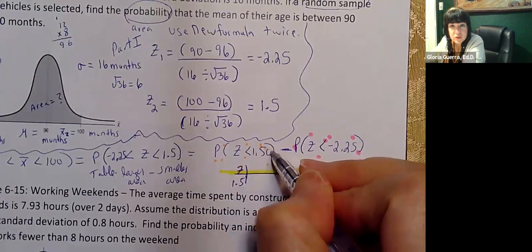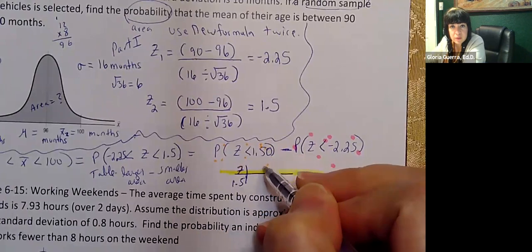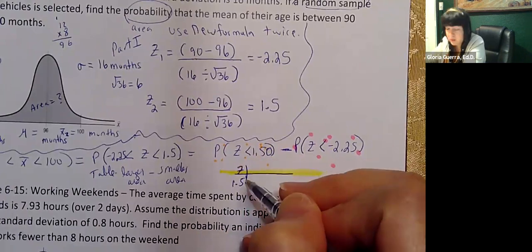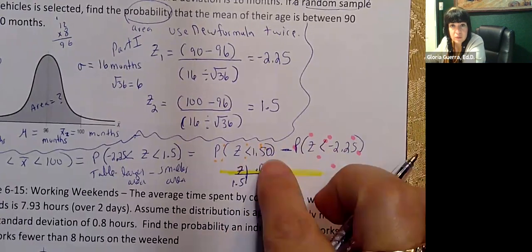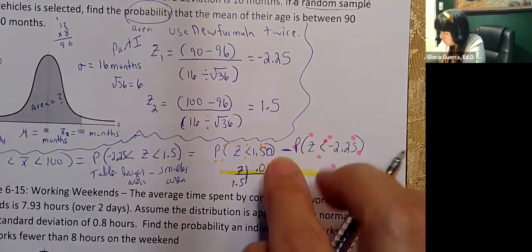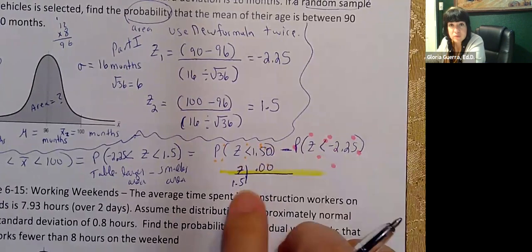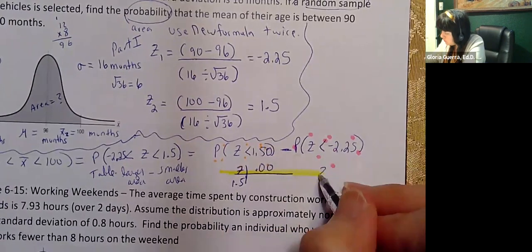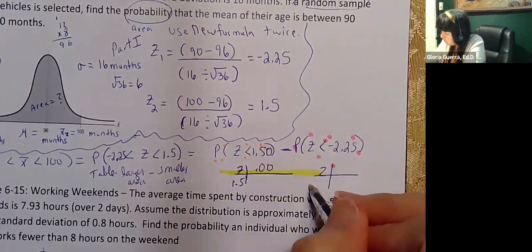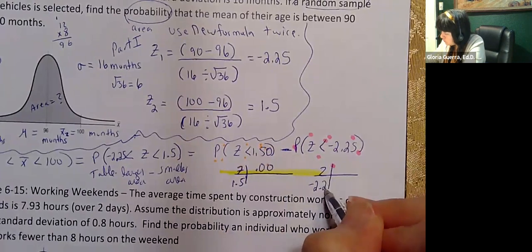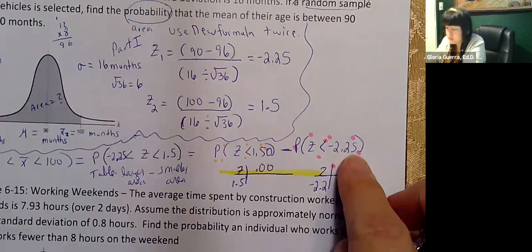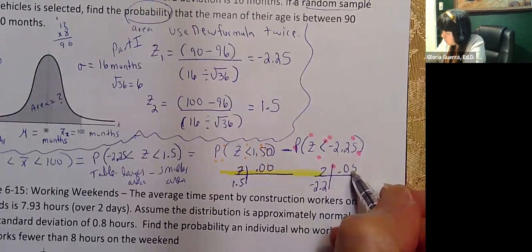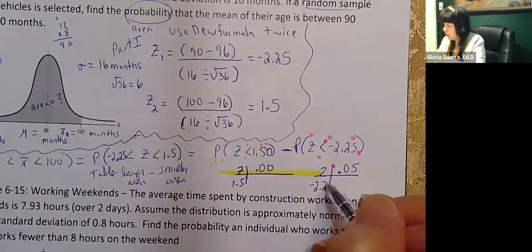There's not a last digit there, but it's really a 0. So it's really 1.500. Whereas this one over here is negative 2.2 and then 0.0, and the last digit is 5.